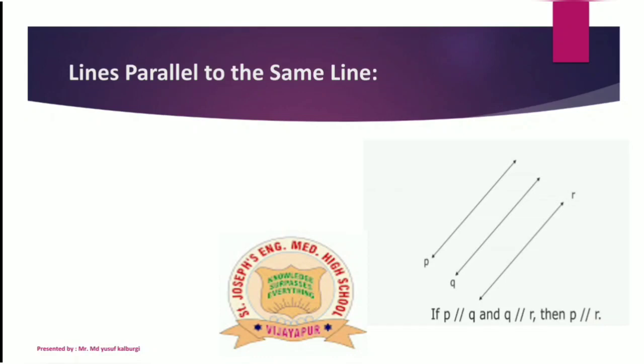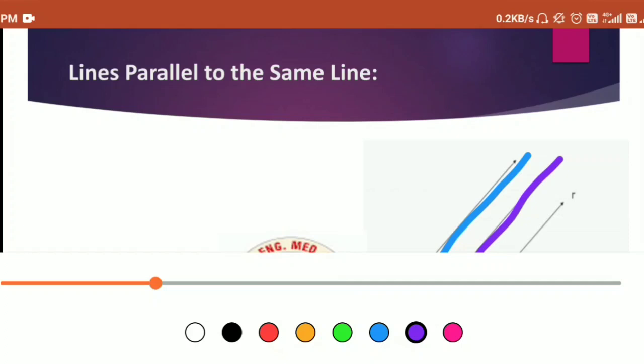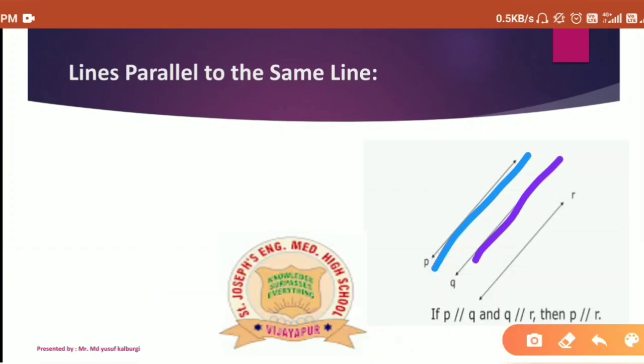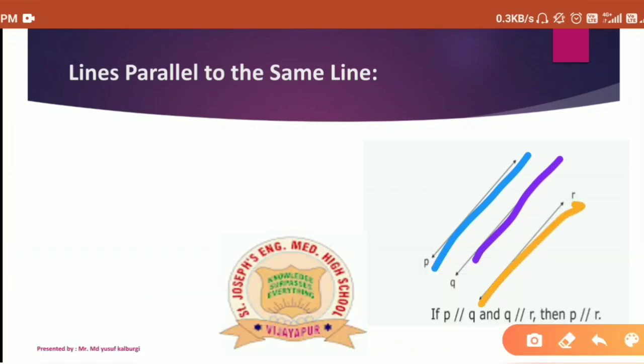If line P is parallel to Q and Q is parallel to R, then you can say that line P is parallel to R. Just see this line P. If it is parallel to Q, and Q is parallel to R, we can say that R is parallel to line P. This is what the parallel lines theorem says.